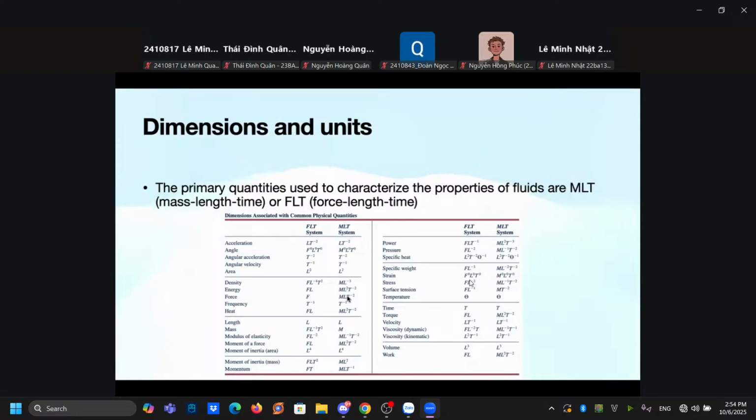Why in the mass length time system is the dimension of force MLT to the power minus 2? I already mentioned this relation in the previous slide, but let's try to explain it by yourself.